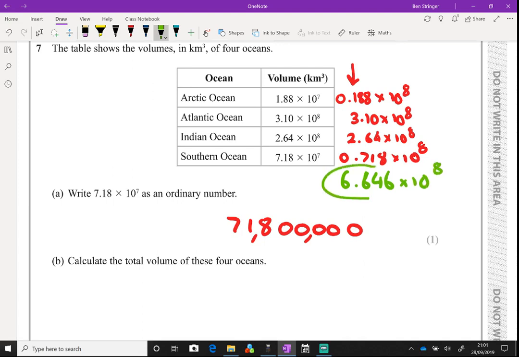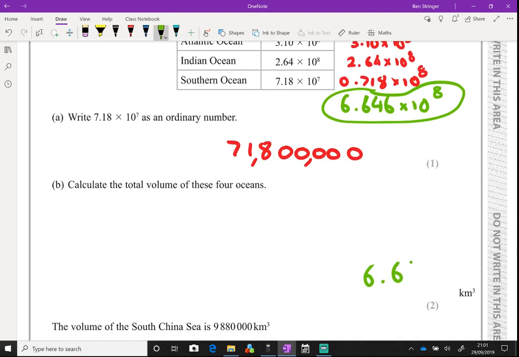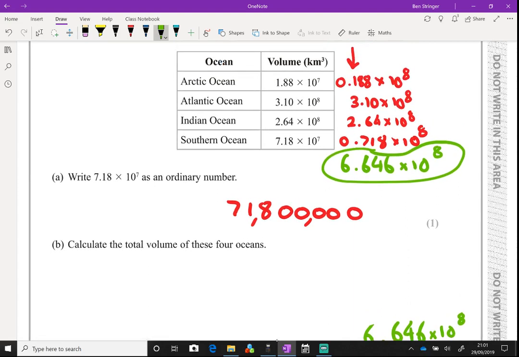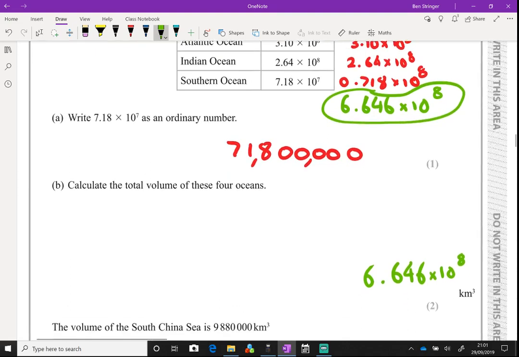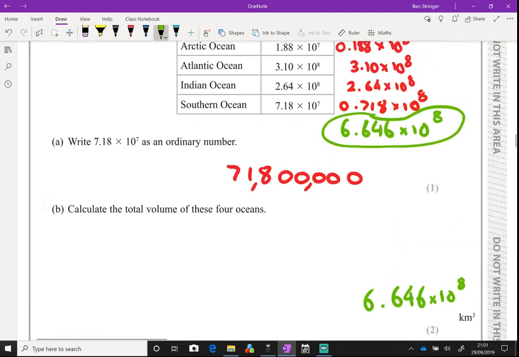It's a really nice thing to do. And if you wanted to, you could again put all of these 4 things into the calculator, and it might give you it in this form, or it might give you it in the extended form, i.e. 6646 with 5 zeros.